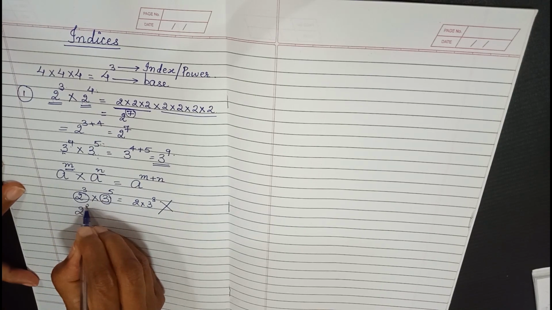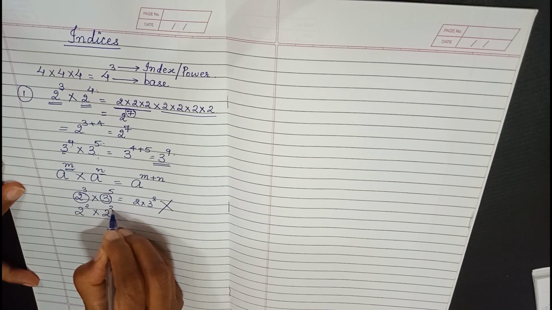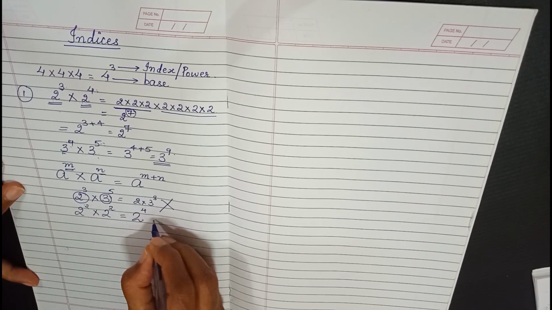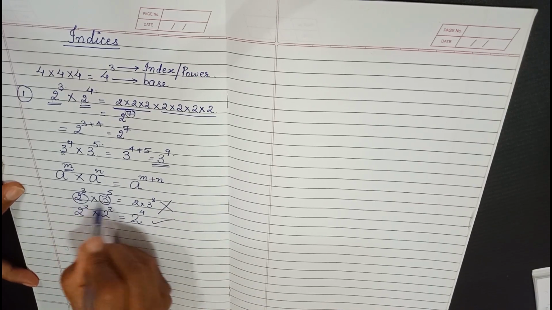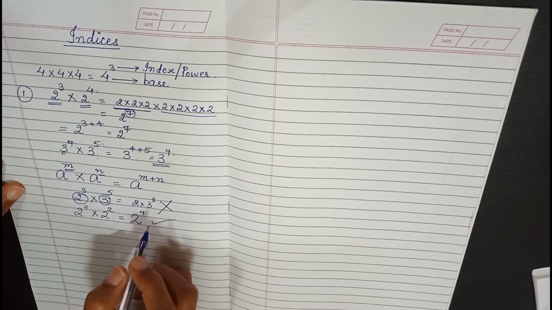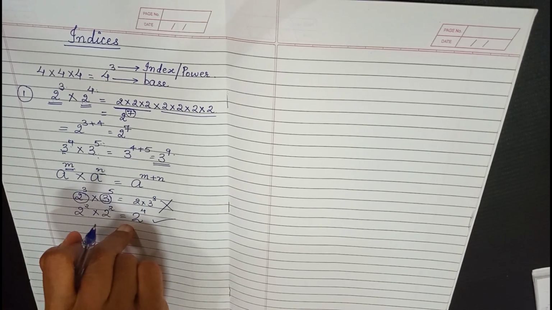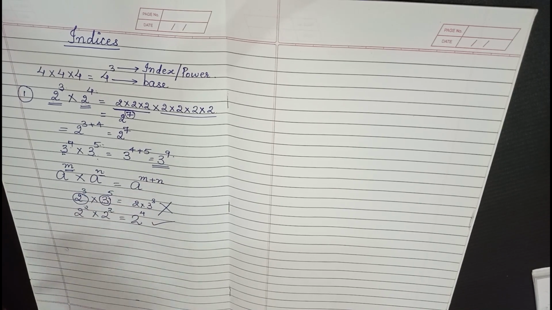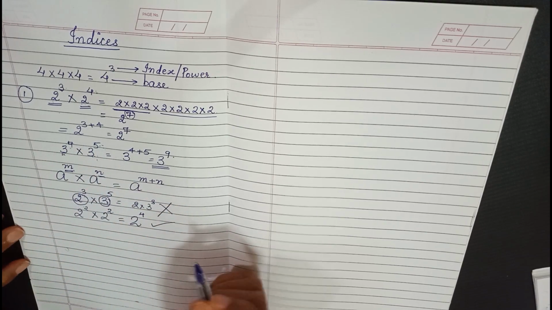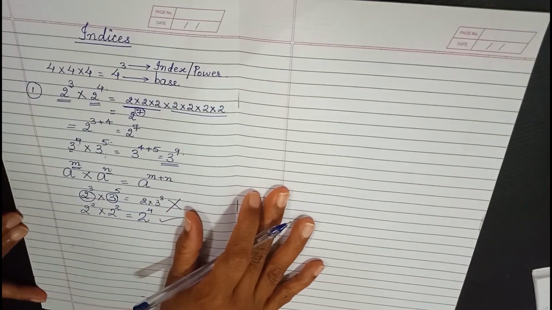You can have it the same also, 2 raised to 2 into 2 raised to 2. So you can see this becomes 2 raised to 2 plus 2, that is 2 raised to 4. This is correct. But we cannot have different bases. Powers can be different, bases have to be the same. So this is the first rule of indices. That is, when the bases are the same, you can just add the powers to get your final answer.